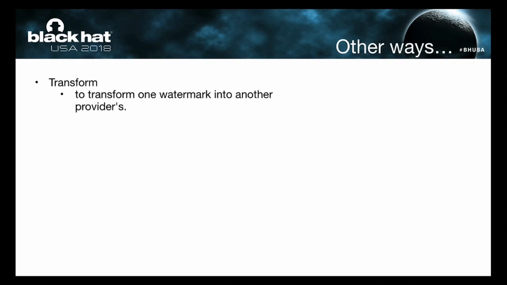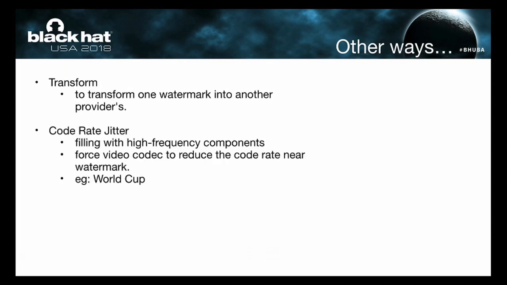And there are other ways to attack the watermarks, such as transforming one watermark into another provider's, or adding some code rate with high frequency components under the watermark area, so the video codec will reduce the code rate near the watermark.